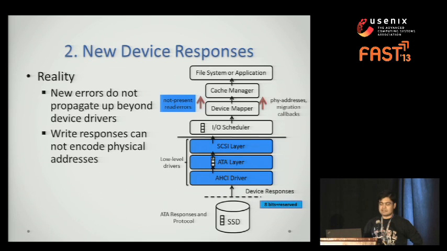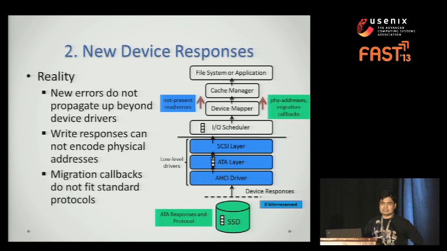Similarly, when we tried to send the write responses to the operating system, what we found was, as part of the physical address, which can be encoded in the write response, we had just 8 bits at our disposal, and we were not able to encode the whole 64-bit physical address in those 8 bits.